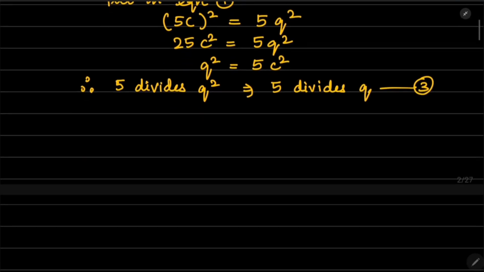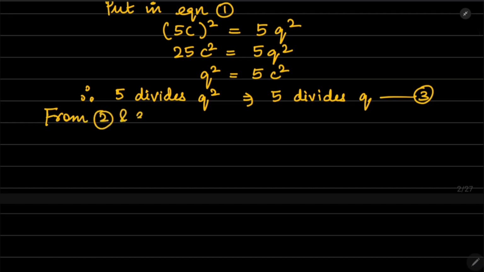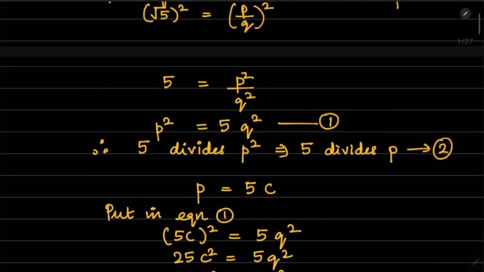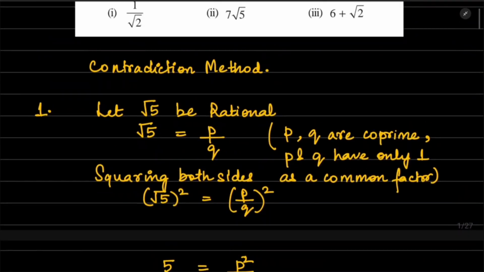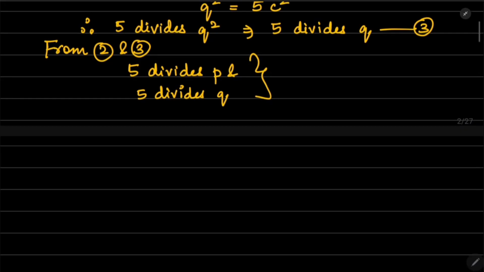So from 2 and 3, what do you see? You see that 5 divides p, and you can also see that 5 is a factor of q. So from this, we can say that p and q do not have just 1 as a common factor, as per our assumption.